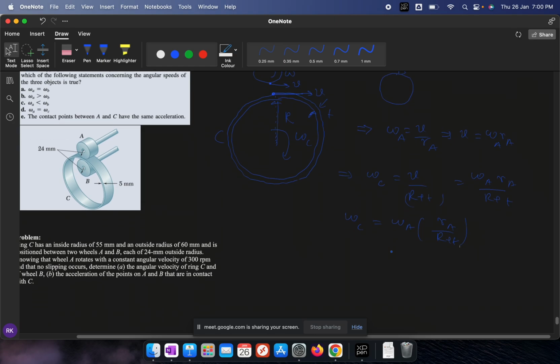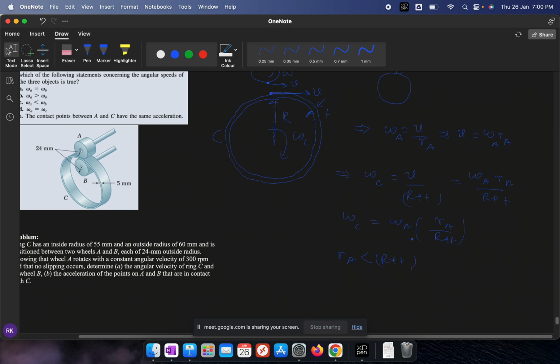Definitely R plus T is larger than r_A, right? r_A is definitely less than R plus T. So if r_A is less than R plus T, then by this multiplication, omega C will be lesser than omega A. Which implies omega A is greater than omega C. Am I right or not?